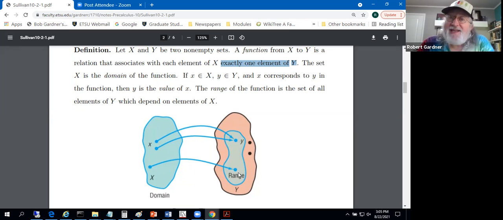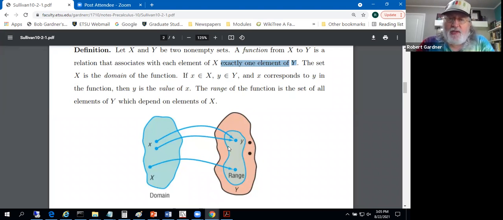No, there's what the meaning of this in the graph is. There's exactly one arrow coming out of each of these. When I say exactly one, I mean there's one, not more than one, and not less than one. So each point over here in the domain has an arrow emanating from it. One arrow emanating from it.